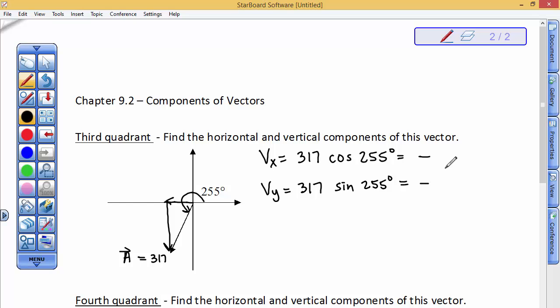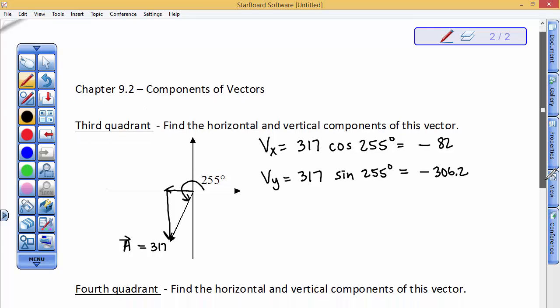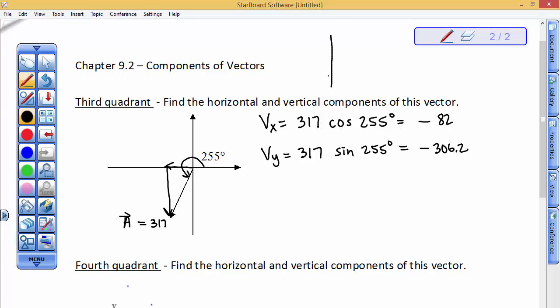And the reason, again, is that in the third quadrant, the only trig functions that are positive are tangent and cotangent. So when you use cosine and sine in this quadrant, they're going to give you the appropriate negative answers, this negative 82 and this negative 306 that make up the hypotenuse of 317.